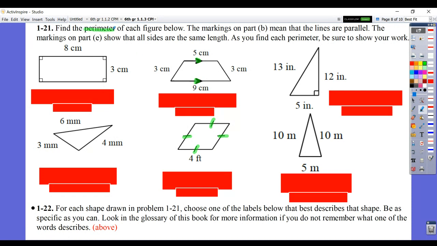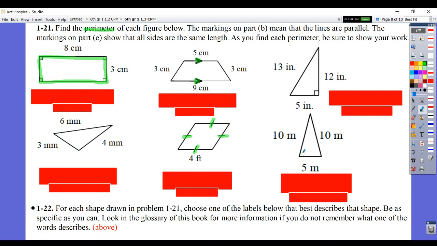Remember, perimeter is the distance around the shape. So the rim. You're looking, for example, on this rectangle, at taking the 8 plus the 3 plus the 8 plus the 3, because we know in a rectangle, opposite sides are congruent. For the second one here, it would be a trapezoid, but still you're just adding up the outside edges. For the right triangle, adding up the outside edges.